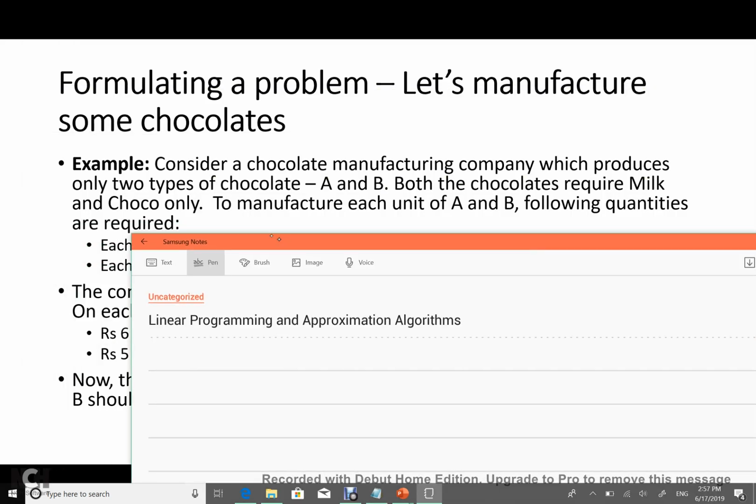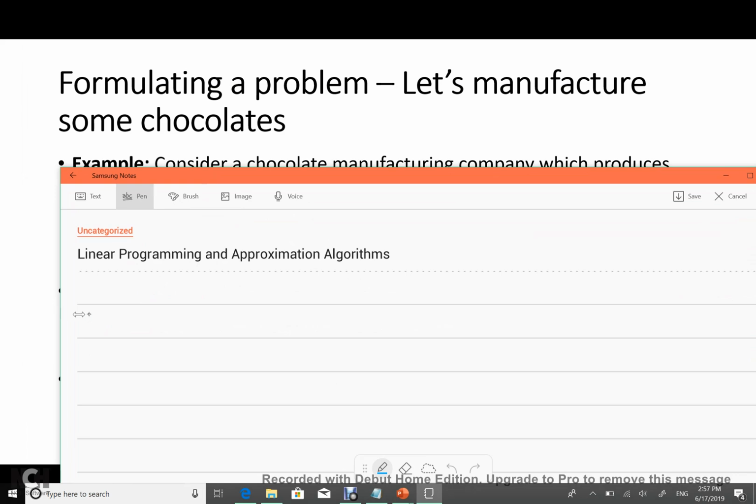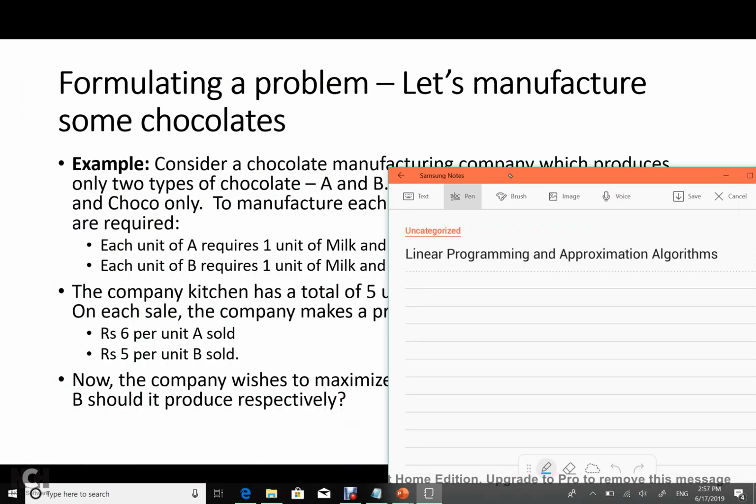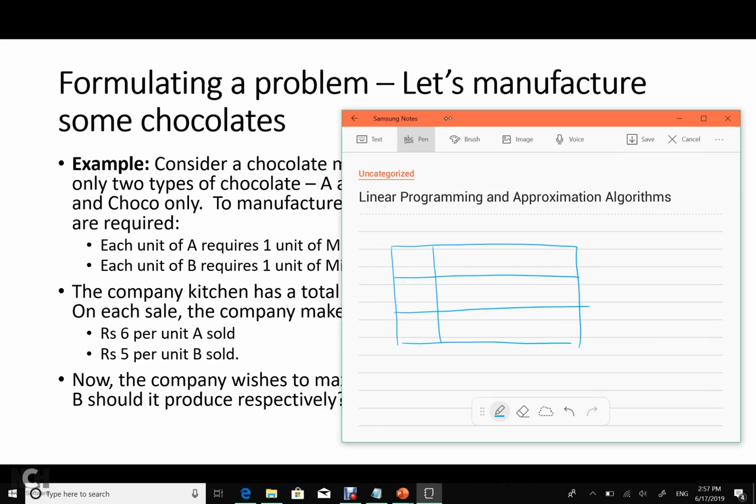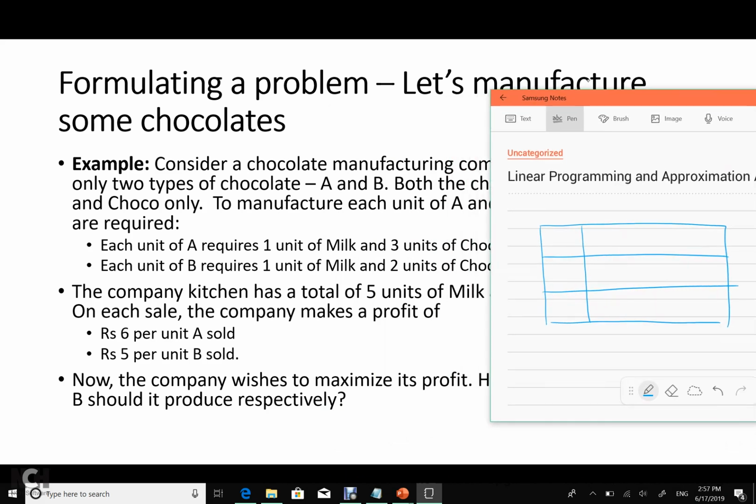Okay, so here we want to help the company, right? So we have different requirements. To produce 1 unit of A, we need 1 unit of milk and 3 units of cocoa.